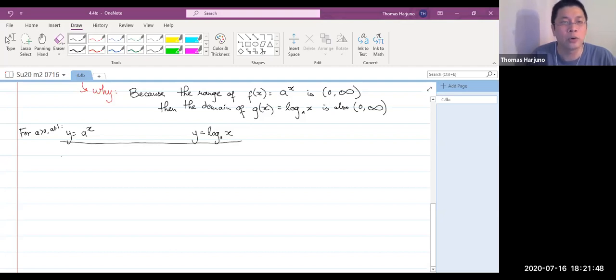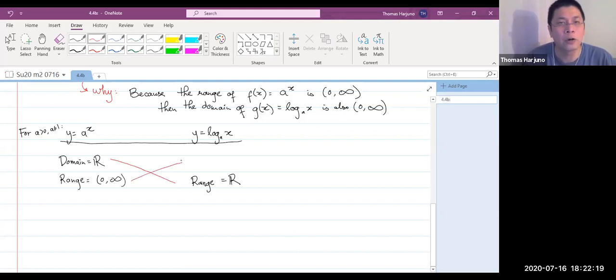The domain of the exponential function is all real numbers. That will later on be the range of the log function, so the range of the log function is all real numbers as well, while the range of the exponential function a to the x is from 0 to infinity. That will be the domain of the log function.